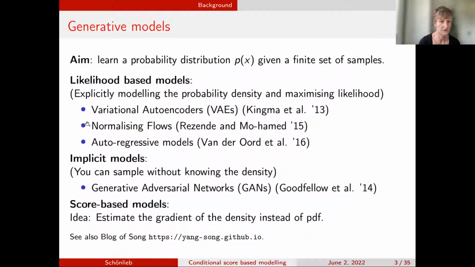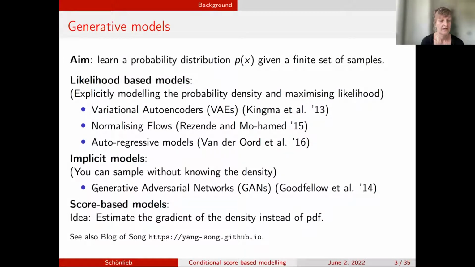So just a few words about them, categorized into likelihood-based models and implicit models. Likelihood-based models are trying to learn an approximation to the probability distribution directly. And examples of this are, for instance, variational autoencoders, normalizing flows, autoregressive models.